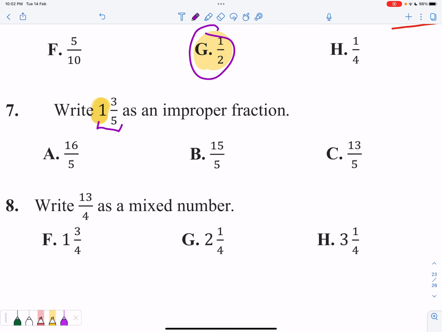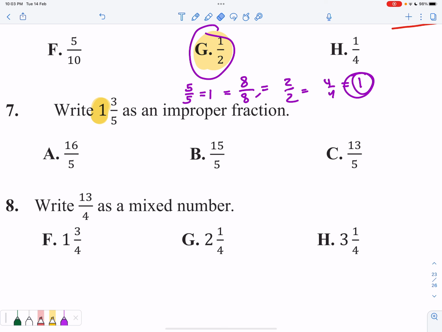I know that, for example, 5 over 5, when I have the same number at the top and at the bottom, at the numerator and denominator, that is equal to 1, right? That is also equal to 8 over 8, for example, to 2 over 2, to 4 over 4. Any number up and down, the same, all of these are equal to 1, okay? 1, the whole number 1.